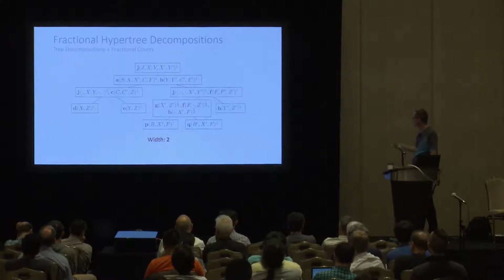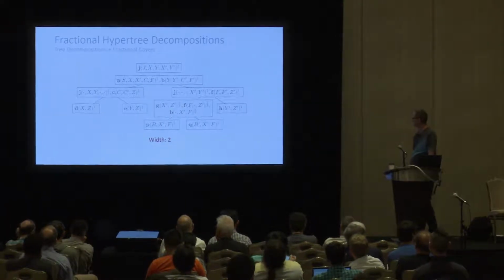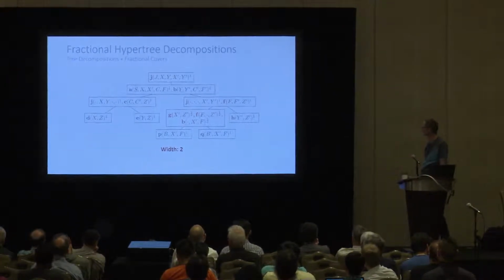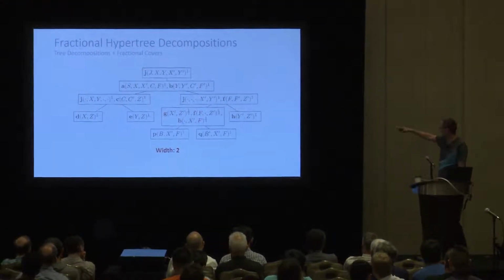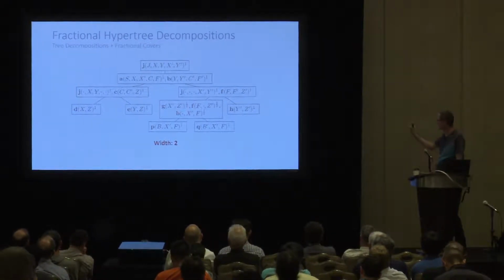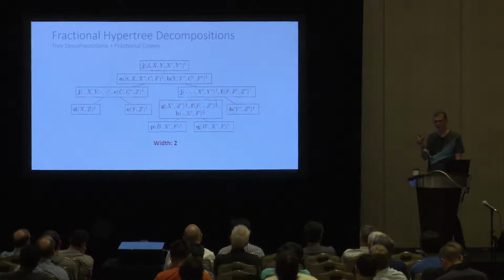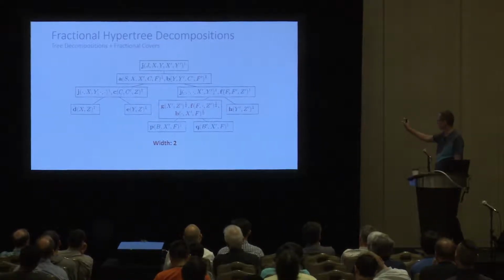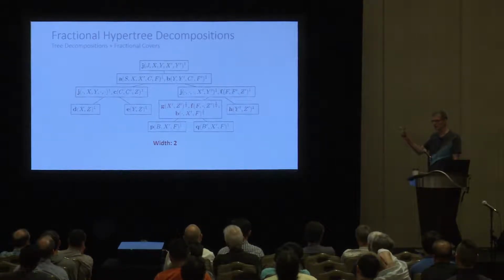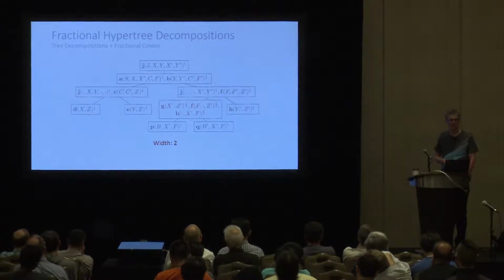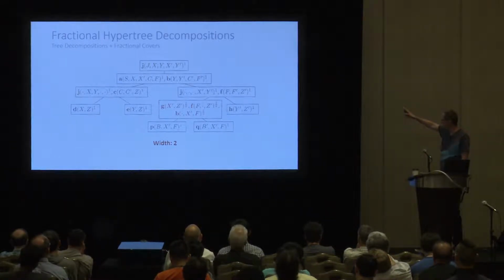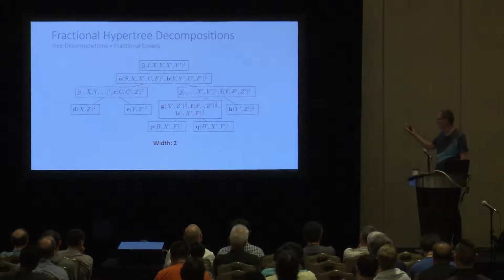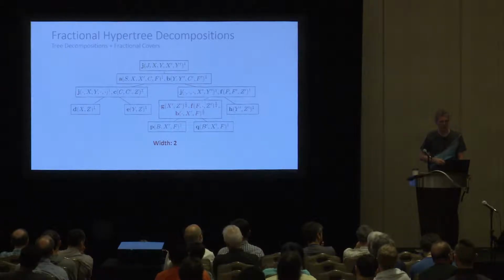But if we look at the node in red, we notice that it suffices to put weight 0.5 on each of the 3 edges, and we still manage to put total weight 1 on each of the vertices. In other words, this bag has a fractional edge cover of size 1.5, even though every integral cover would require at least weight 2. But for the overall width of the fractional hypertree decomposition, we have to take the maximum weight over all of the edge covers, and again we end up with width 2 in this simple example.